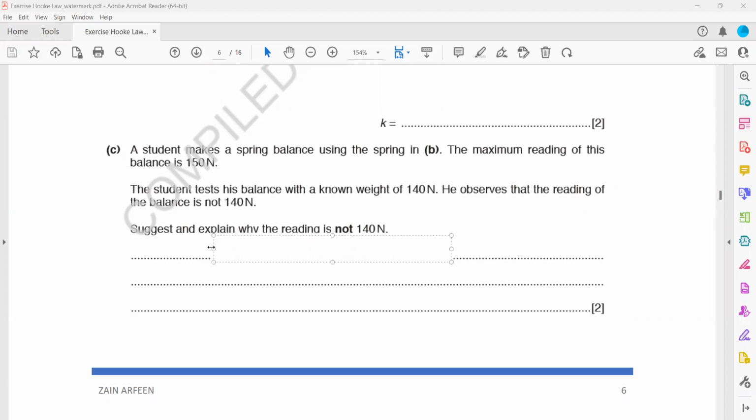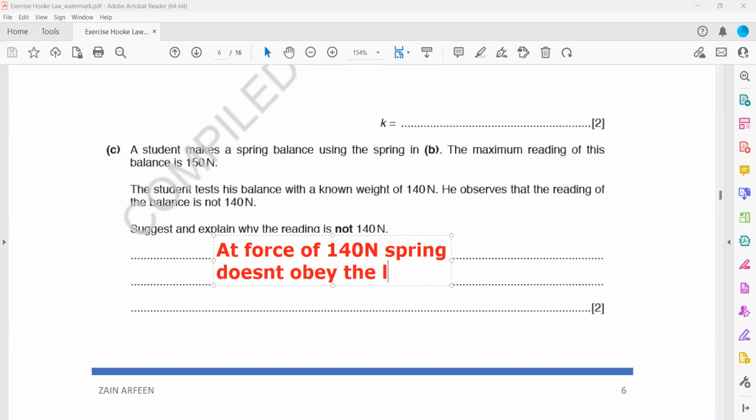So at a force of 140, the spring does not obey Hooke's law. Or we can also say it crossed the elastic limit.